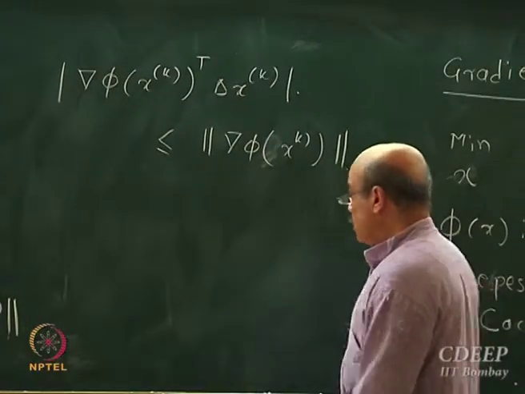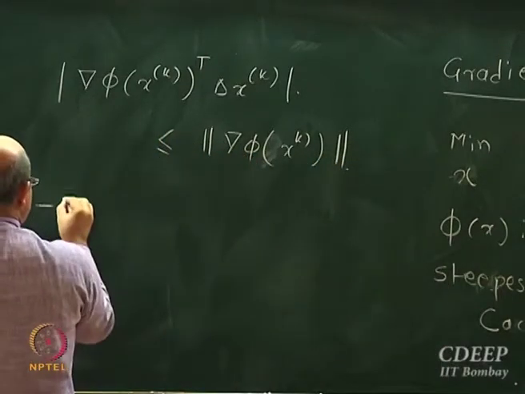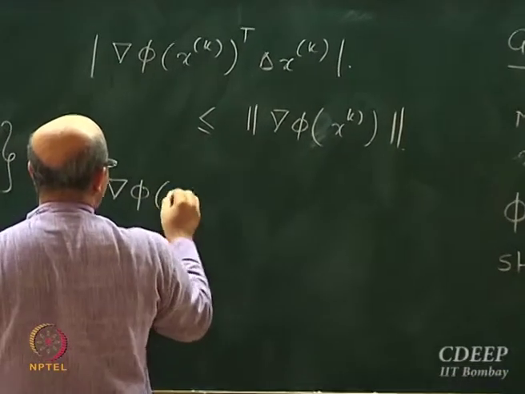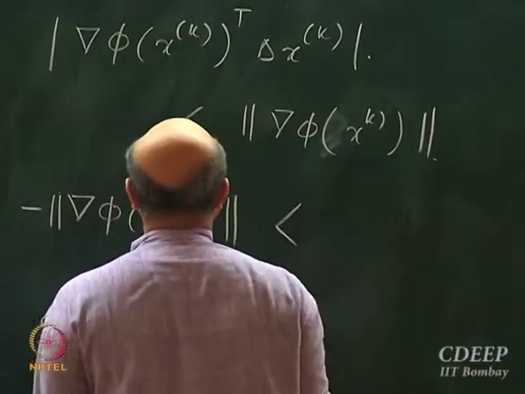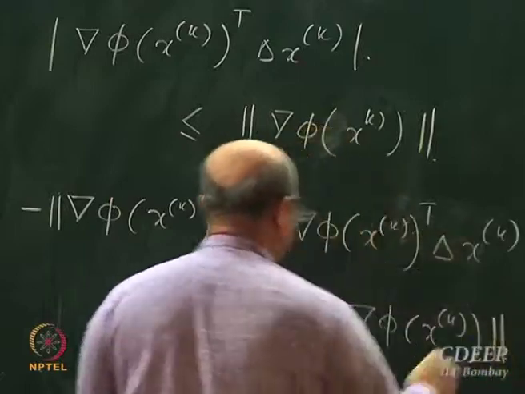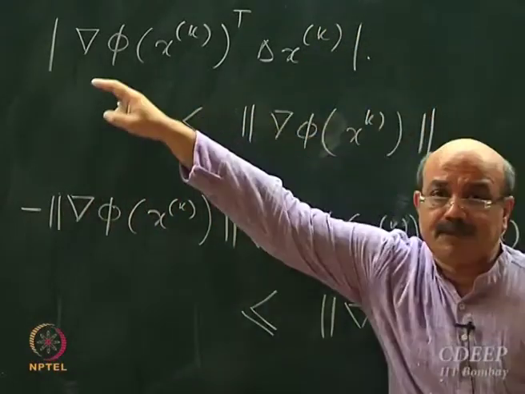This inequality also means that minus of the norm is less than this quantity. I have just expanded this inequality. Here I had written absolute value.